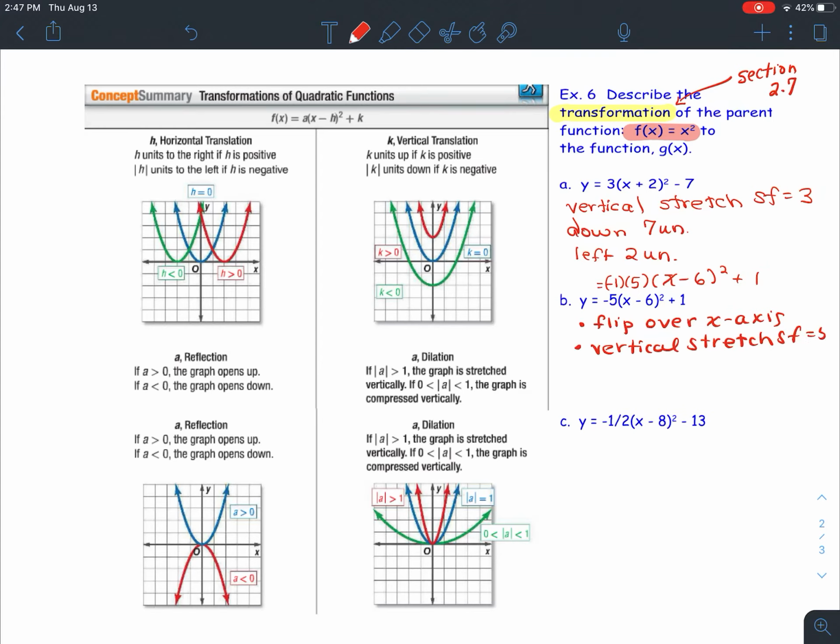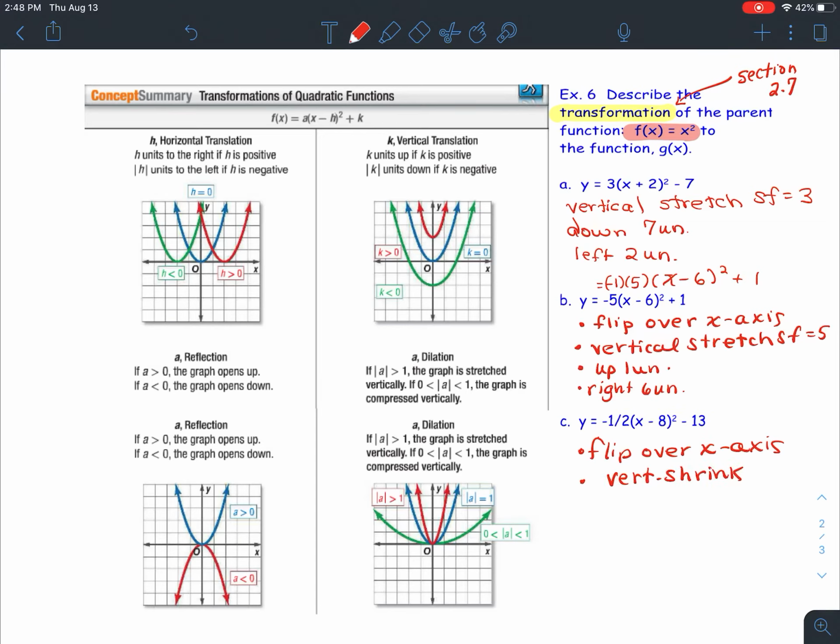So I'm going to call the -1 on the outside a reflection, or you could say a flip, over the x-axis. The 5 would be a vertical stretch. The stretch factor is 5. Stretch and shrink factors are never negative. If that number's negative, that indicates a reflection. And then the +1 is an up 1 unit. There is one thing happening on the inside that is a -6, which I would actually interpret as going to the right 6 units.